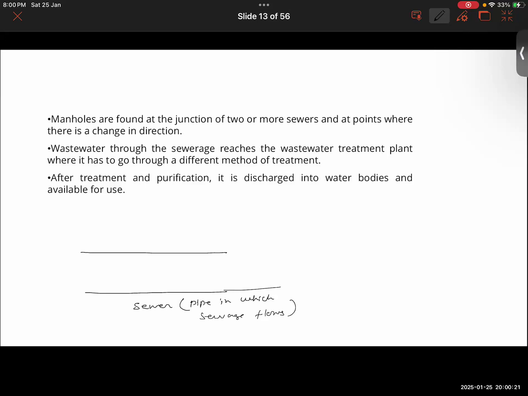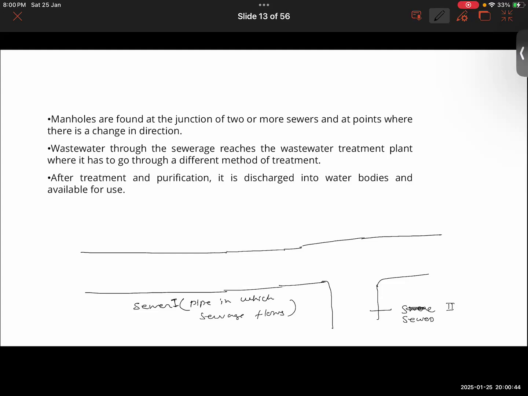Now suppose there's another sewer connected to this. Let's say this is sewer 2, and that is sewer number 1.